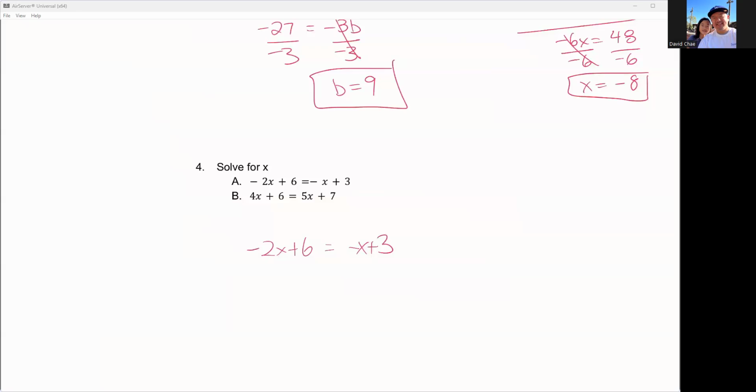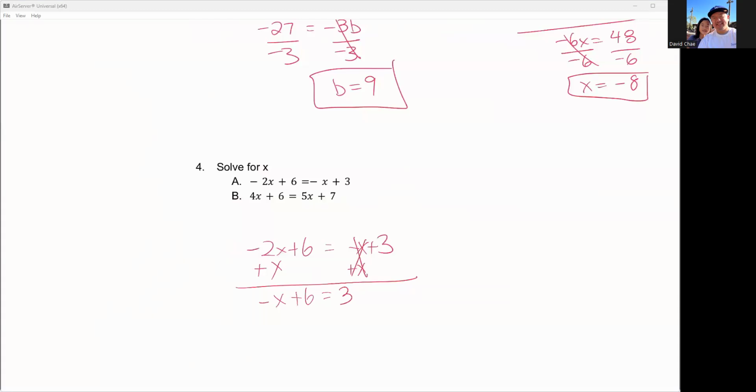I guarantee you. You gotta know how to do this. All right, what's the first thing we do? Anyone? Add the x. Good job. I would add the x, or you could add the 2x to the other side, or you could add the x to the left. Either way is fine. This is what? Negative x plus 6 is equal to 3.